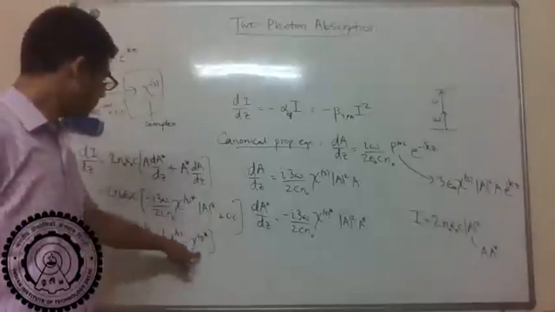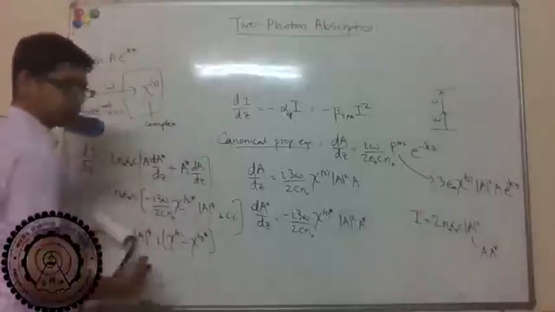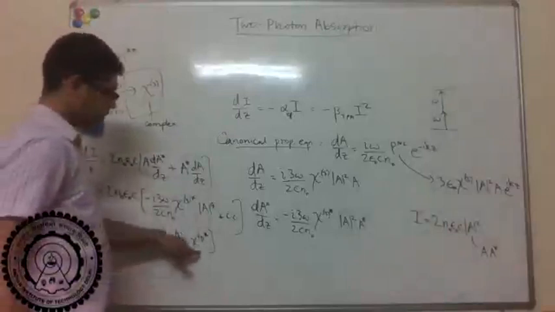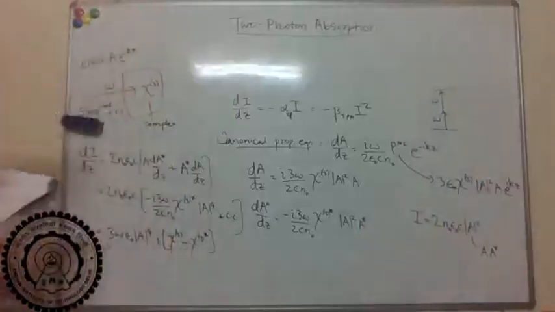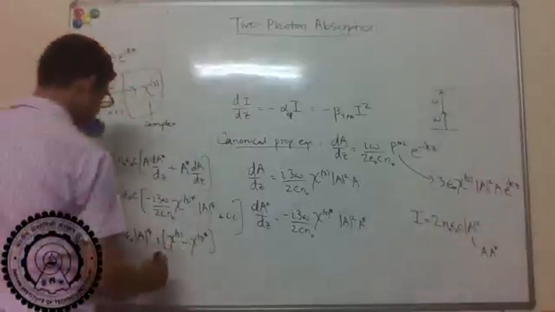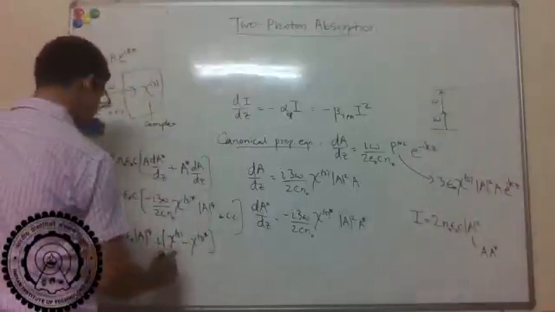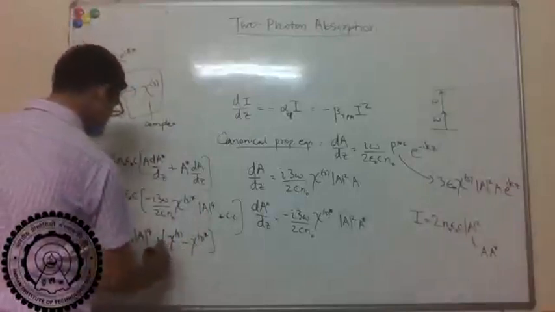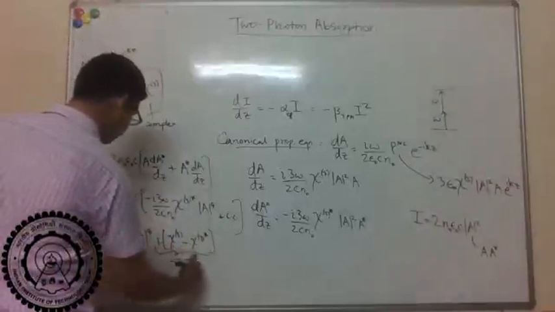And I get chi3 minus chi3 conjugate. So this is the imaginary part, right? Complex number minus its conjugate, I'll be left with the imaginary part. So this will give me minus 2 times the imaginary part of chi3.